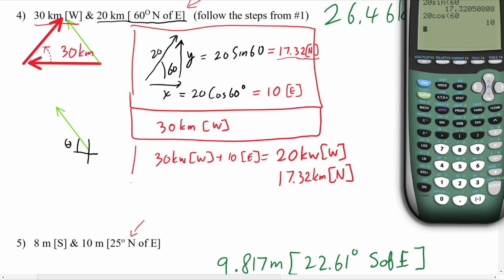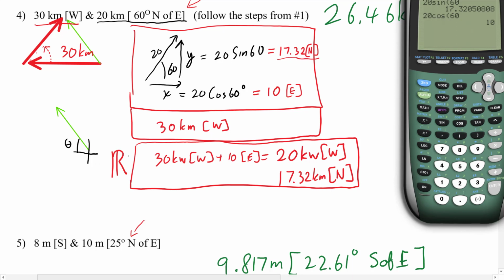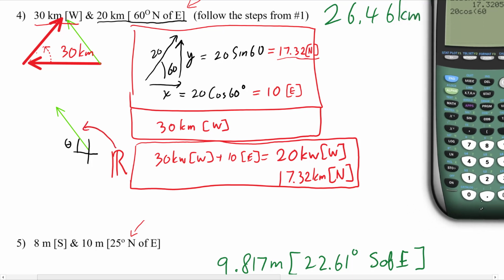So that's the answer. But it's not in the neatest format. That's the resultant when we add those two together. That's the green arrow. That's its components of the green arrow. Okay, so the green arrow, let's switch over to green, in this direction, has a 20 this way and a 17.32 that way.